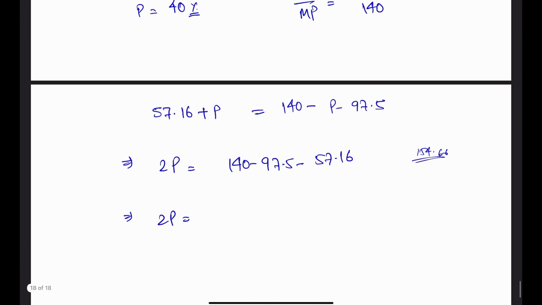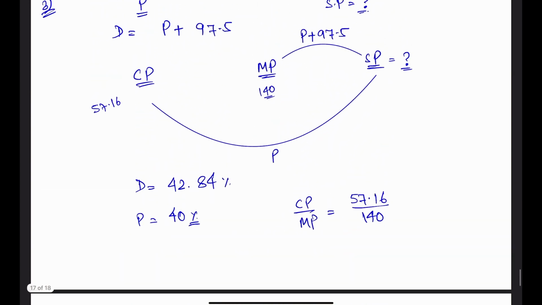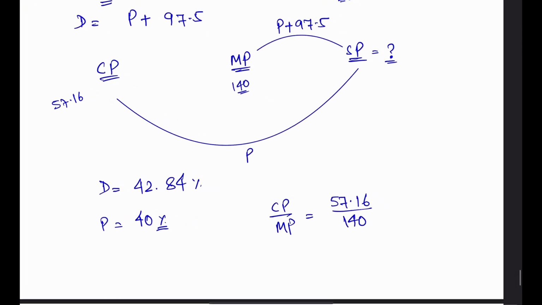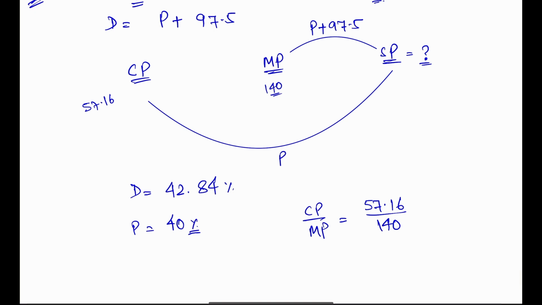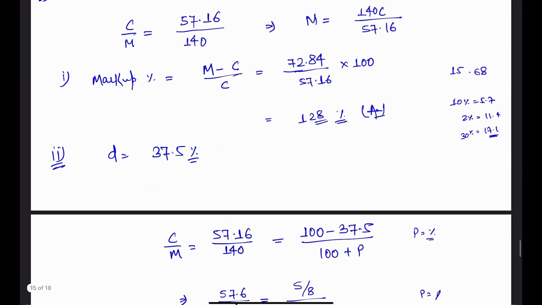We cannot take that. So I can rewrite this as SP minus P upon SP minus P, right? This is also not happening. Okay, I could not solve it.